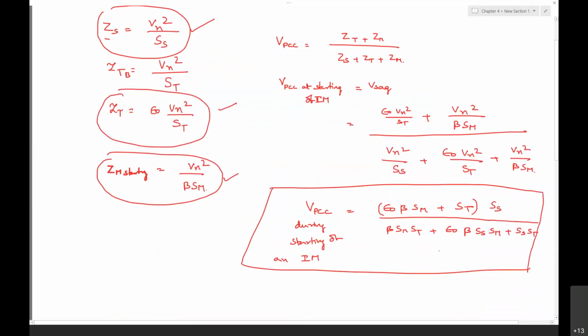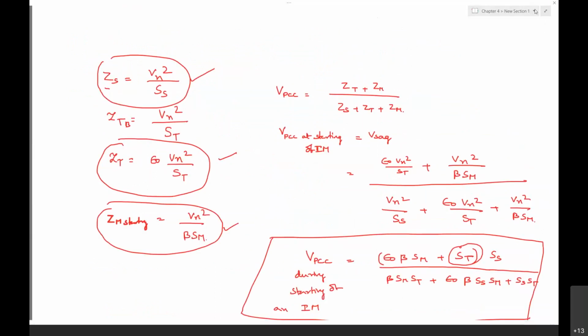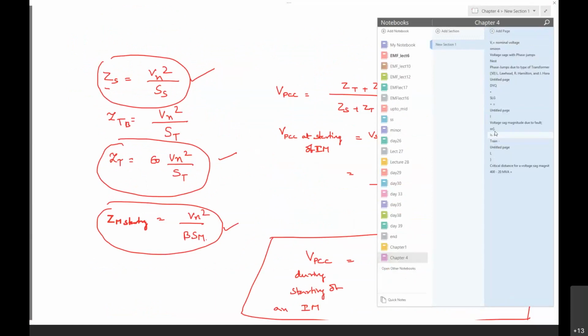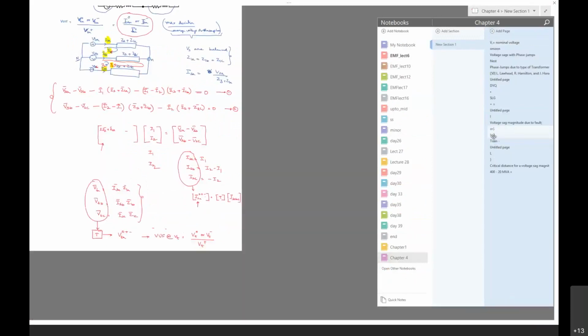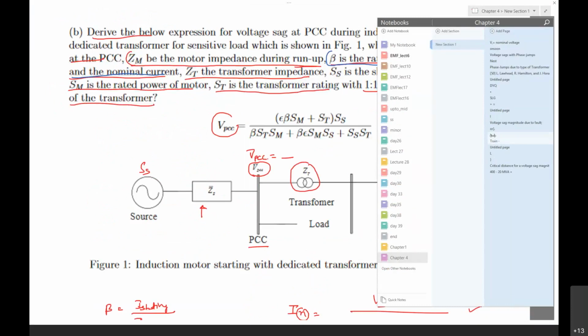Here you need to validate. You can work out yourself also. If you have a transformer in between, if you see the diagram, how does it look like?